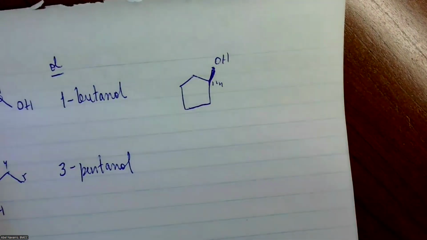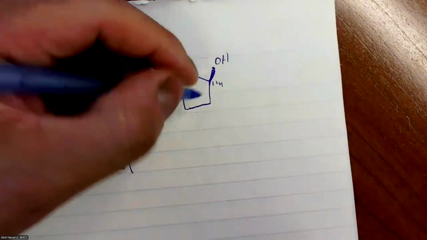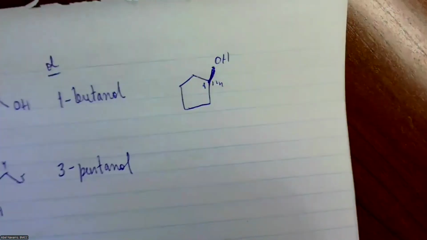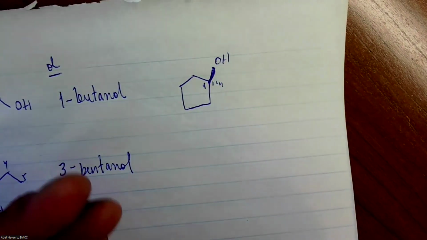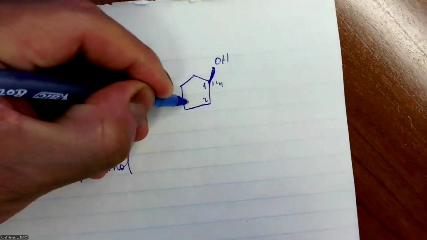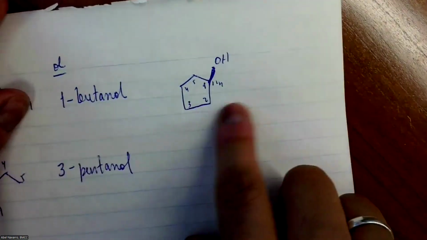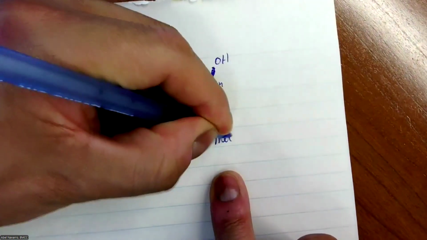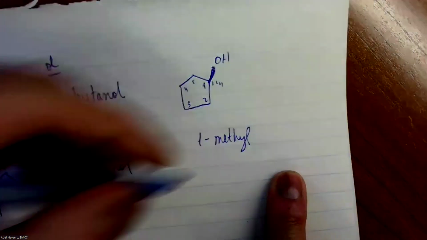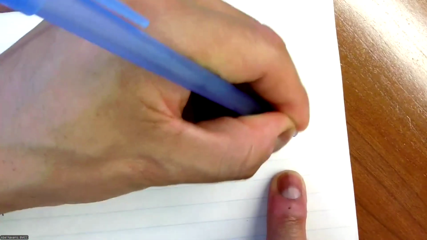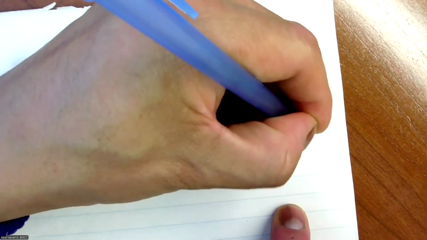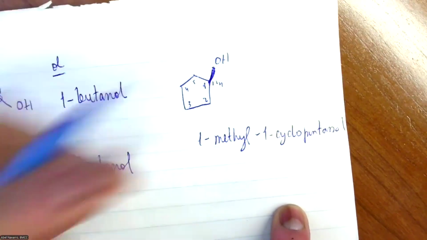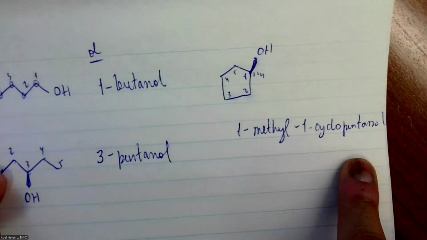This one. Of course it's a ring. The ring starts the numbering on the carbon that has the OH or the highest number of substituents. 1, 2, 3, 4, 5. So it will be 1-methyl-1-cyclopentanol.